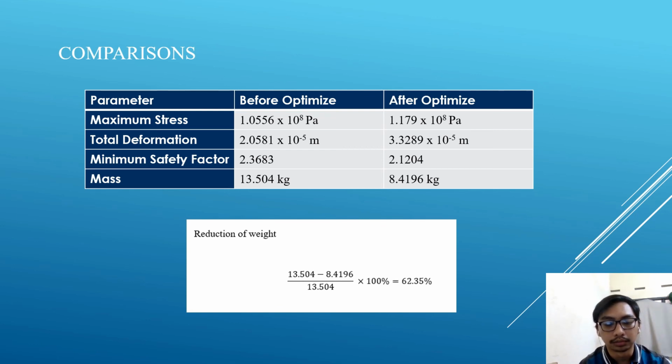For the minimum safety factor, there was a slight decrease after the optimization was done, but the safety factor obtained after optimization is still in the safe range. And from the mass we can see that there is a 62.35% reduction of weight.